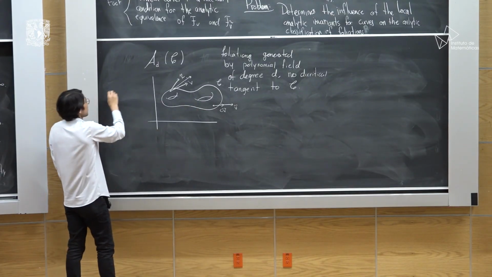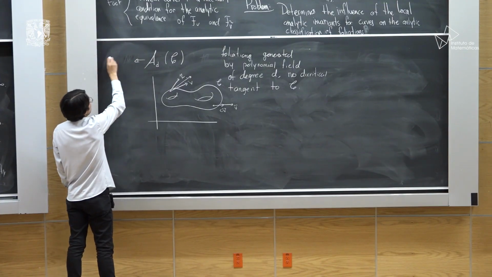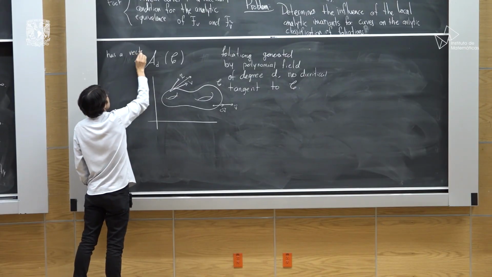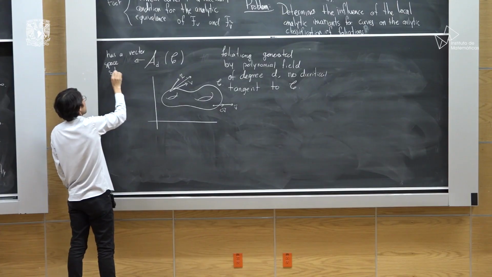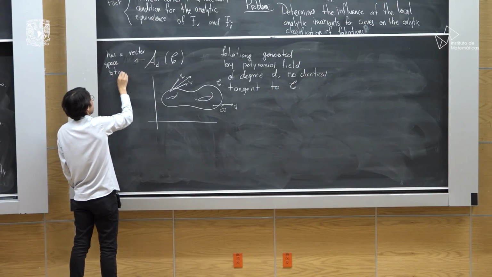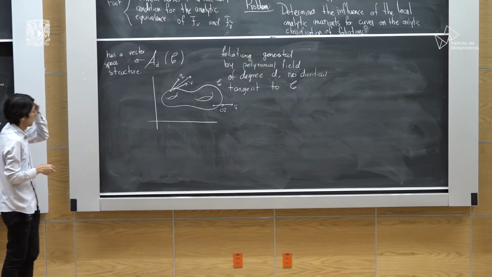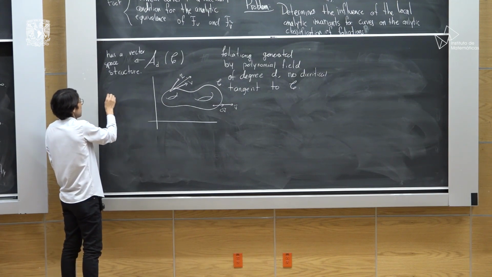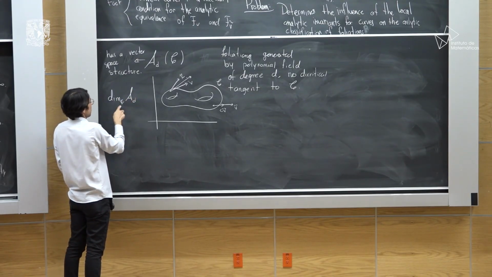So all this has a vector space structure. There are natural questions, for example, what is the dimension of this space over C?